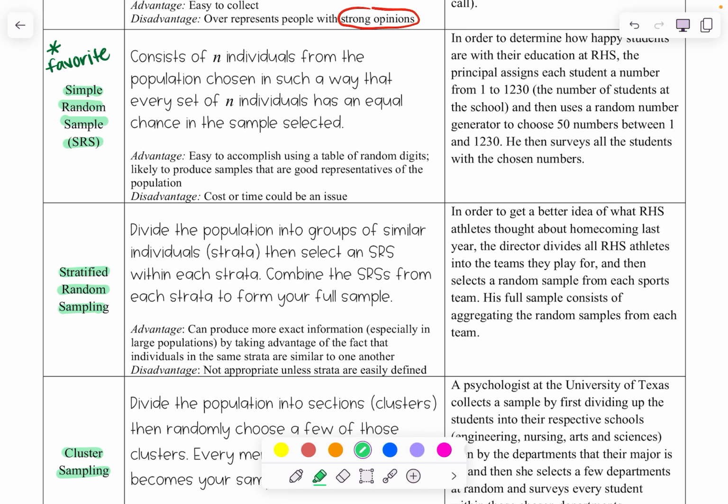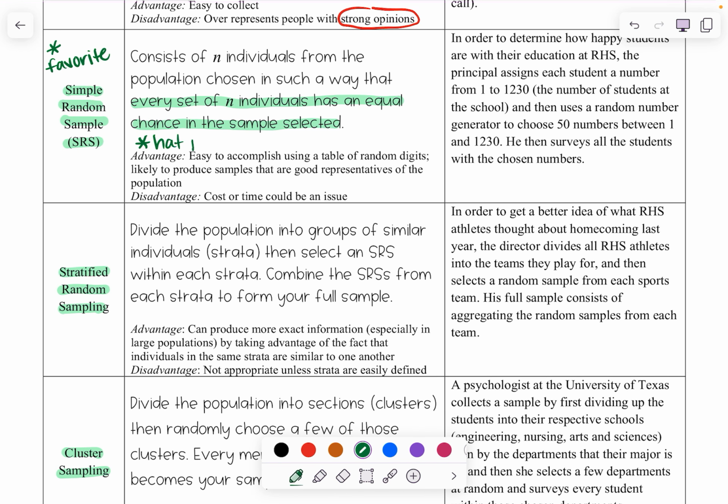The definition, which comes up more often than you would think, is every combination of, if I'm trying to sample 100 kids, every combination of 100 students has an equal chance of occurring. Basically, 100% randomness.